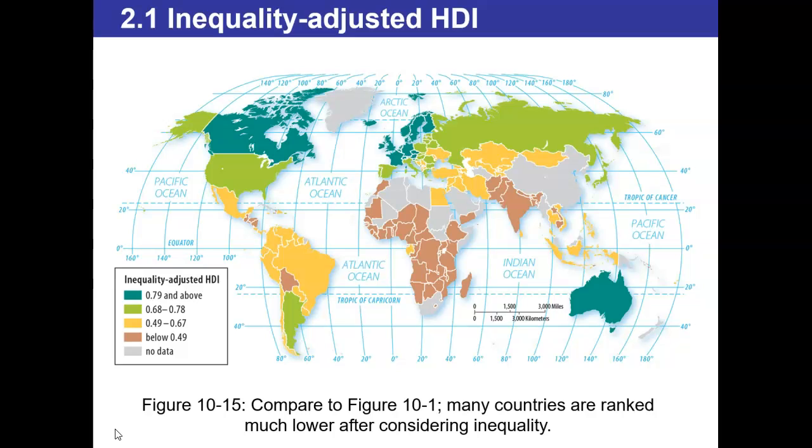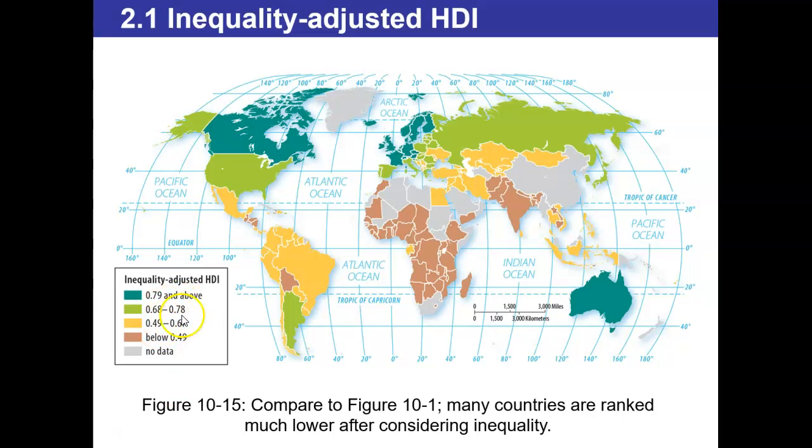With income, we know that a country like the United States, for example, with a very high concentration of wealth in very few hands, can sway and skew the average level of income so that it may look like the average person enjoys it, when in fact most people make far less.